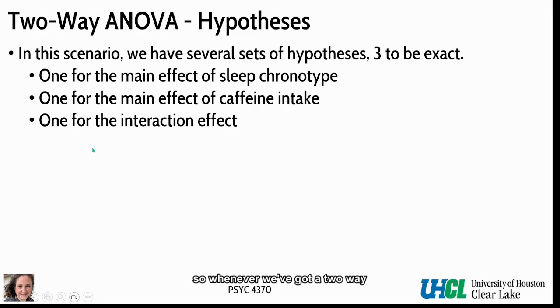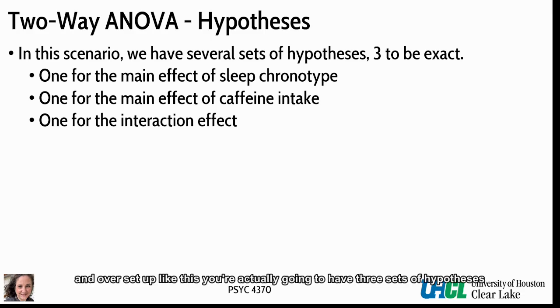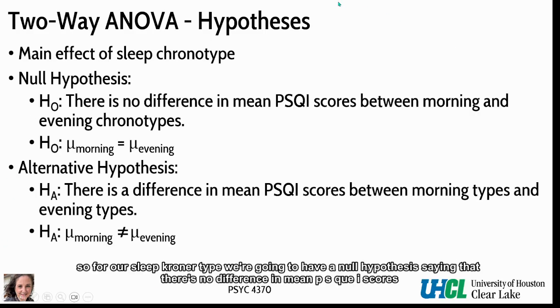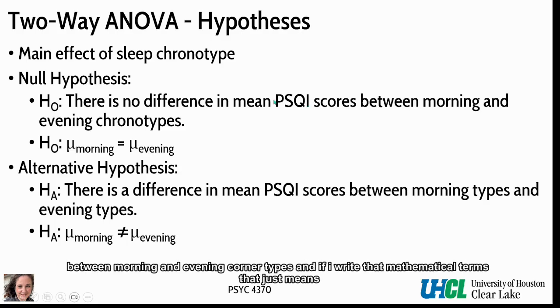So whenever we've got a 2-way ANOVA set up like this, you're actually going to have 3 sets of hypotheses. You're going to have 1 for the sleep chronotype, 1 for the caffeine intake, and 1 for your possible interaction effect. So for our sleep chronotype, we're going to have a null hypothesis saying that there's no difference in mean PSQI scores between morning and evening chronotypes.